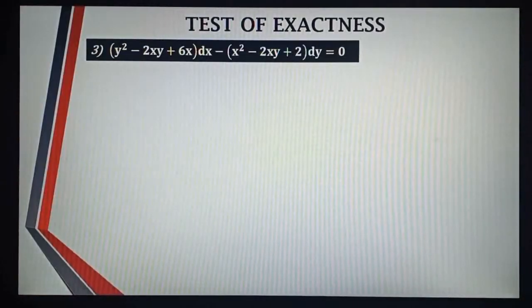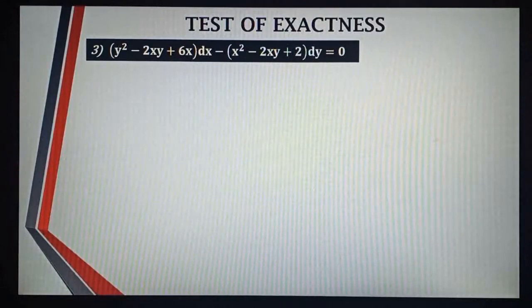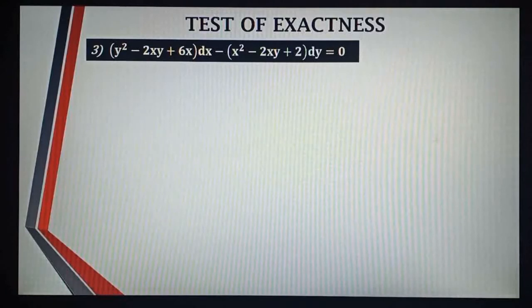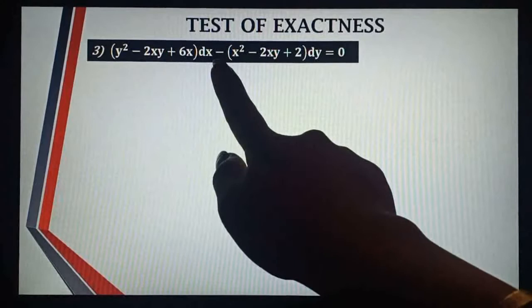Another example is the quantity of y squared minus 2xy plus 6x multiplied to dx minus the quantity of x squared minus 2xy plus 2 multiplied to dy equated to 0. If you will notice in the equation, the middle sign is negative.